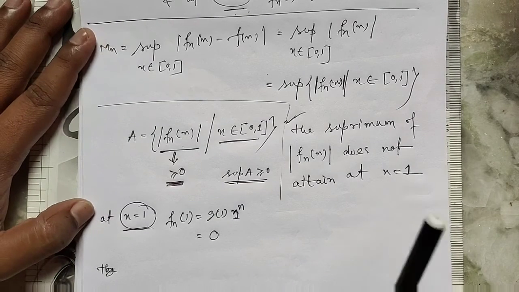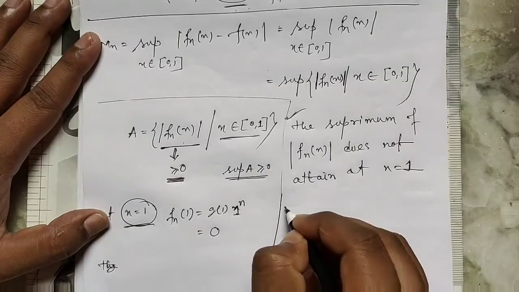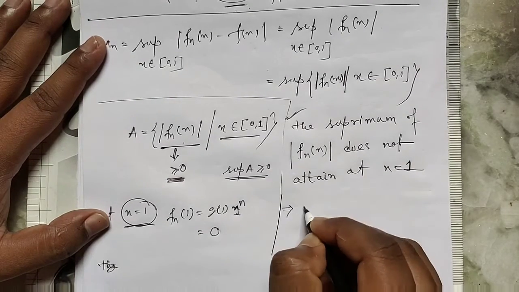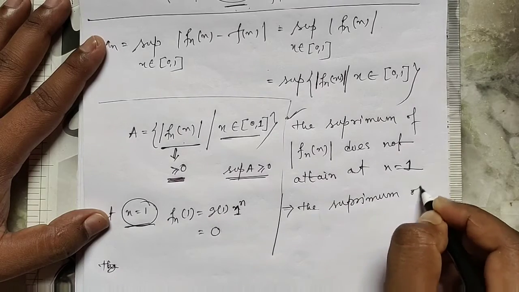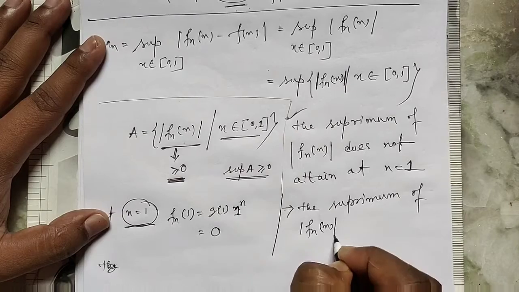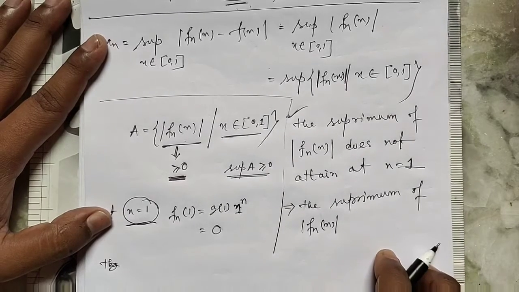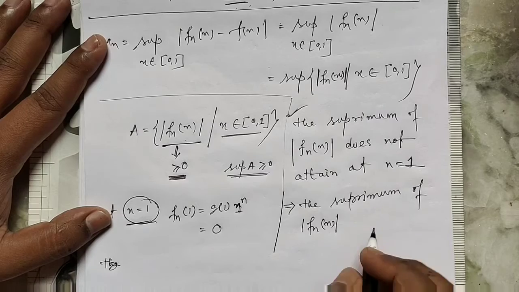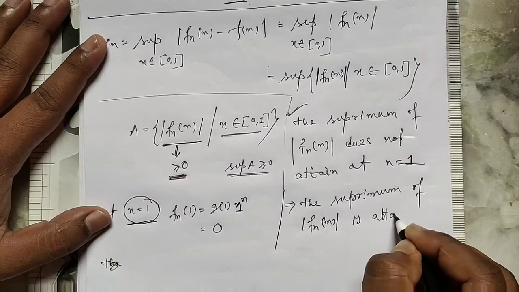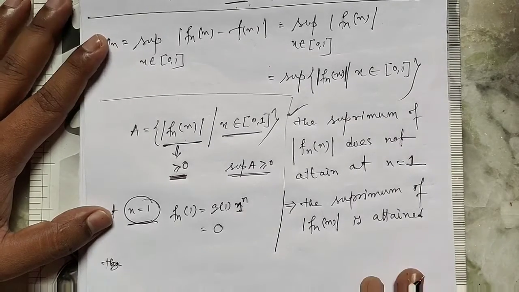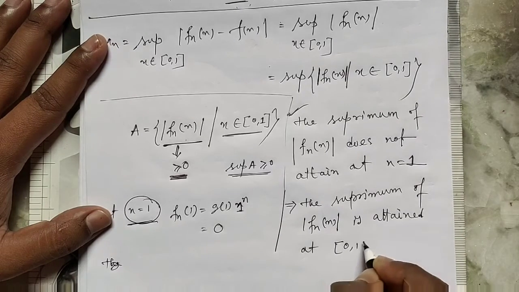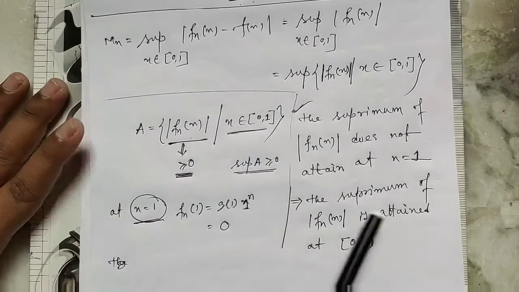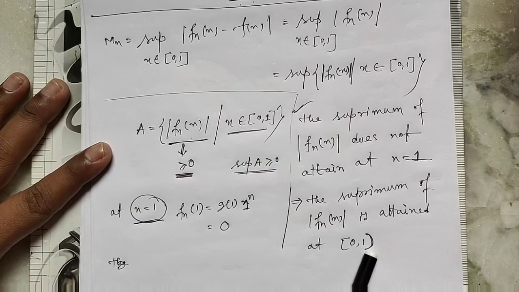So in other words, the supremum of mod fn x is attained on 0 1 open 1, because at 1 the supremum does not attain.